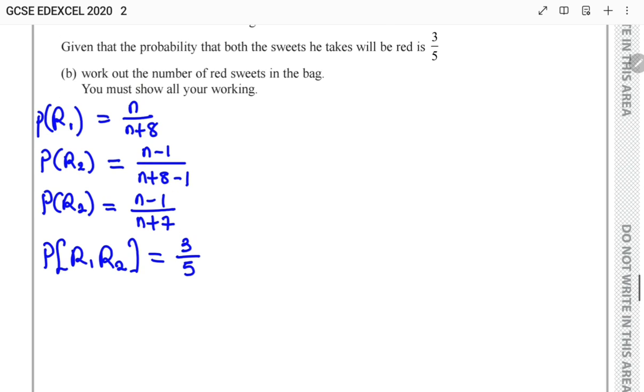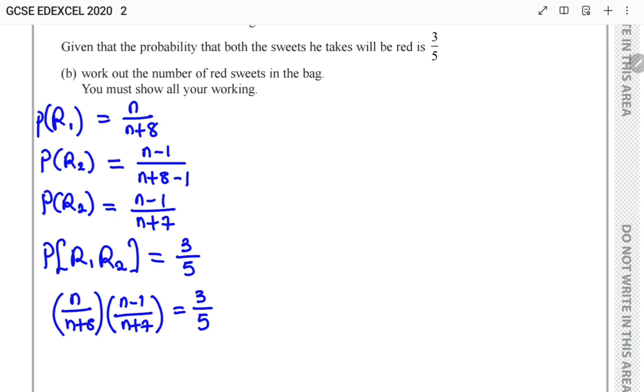This is where we're going to apply our product rule. So this is going to be n over n plus 8 multiplied by n minus 1 over n plus 7 equals 3 over 5. Very important. So we have this relationship.